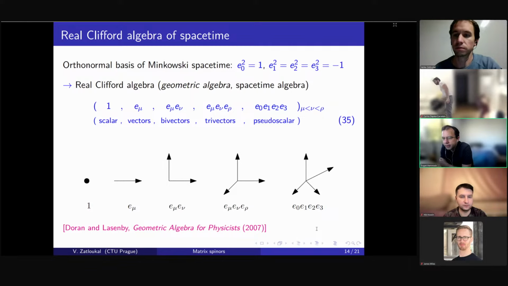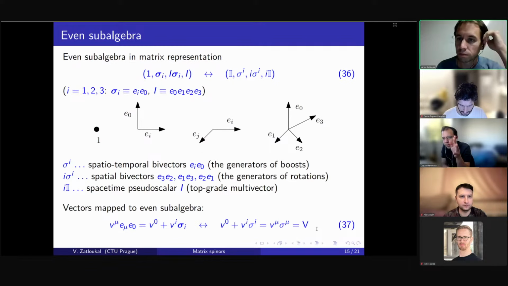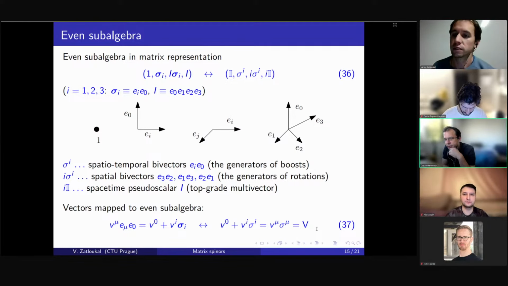Okay, and then the even subalgebra of that Clifford algebra, or that geometric algebra, is going to be 8-dimensional. Yes, indeed. The scalar is 1, and then 4 choose 2 is 6 choices for the bivectors, and then an additional pseudoscalar.